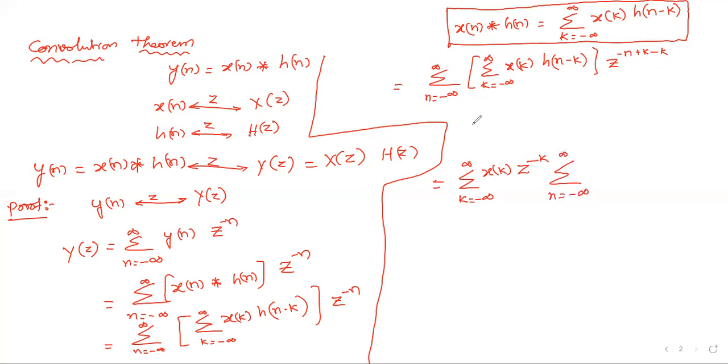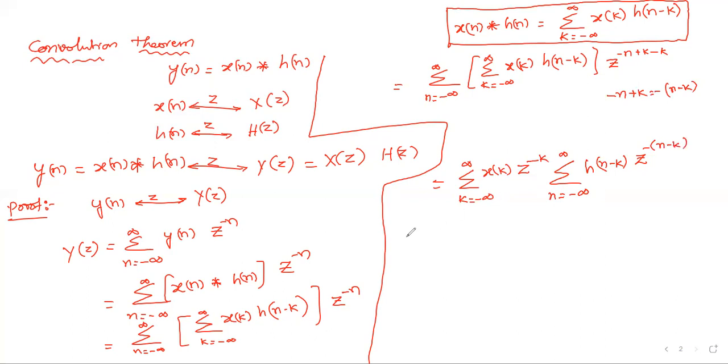I'm just separating this summation because k is a variable, whatever variable k is there, I'm separating here: x of k, z power minus k. Similarly, n is a variable here: summation n equal to minus infinity to infinity h of n minus k into z power minus n plus k. If you take minus common, I get minus of n minus k.